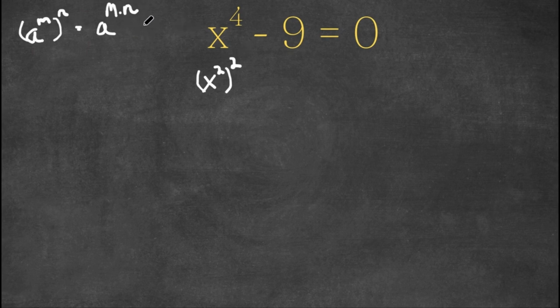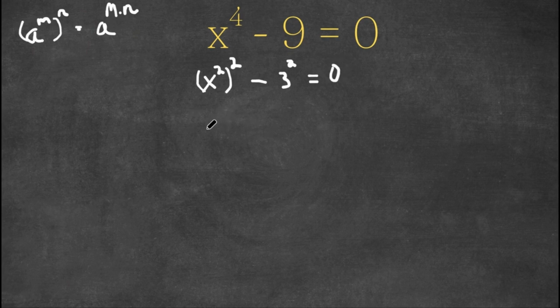So what I'm doing is I'm simply reversing this, converting it back to its original form. So x squared to the power of 2 minus, I'm going to change 9 to 3 squared. And this is still equal to 0.